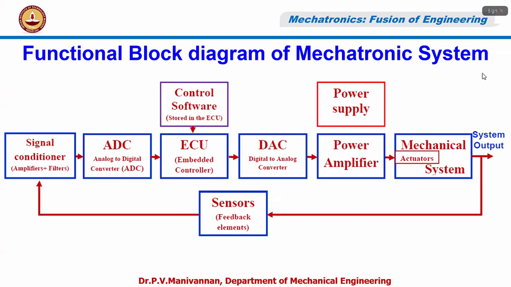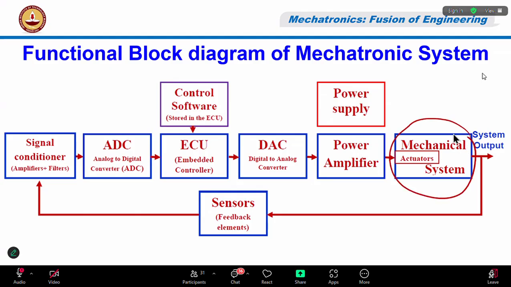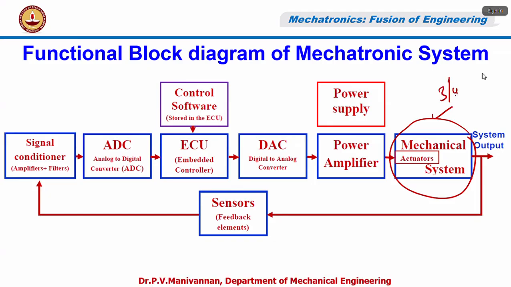Okay. Thank you, sir. So almost this is the last slide for this introduction. Then what we are going to do, I will just quickly tell. We will talk about modeling this mechatronic system. I told you the main thing in a mechatronic system is modeling the mechanical part. So how to model, how to write a mathematical model of simple systems. We are going to discuss that through at least 3 to 4 classes. Then we will talk about sensors, 3 to 4 classes.